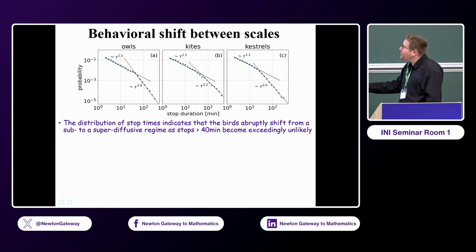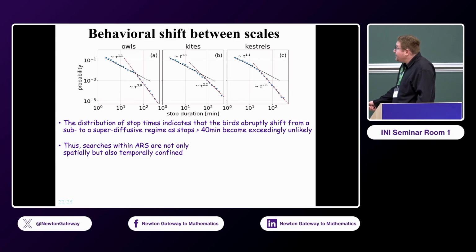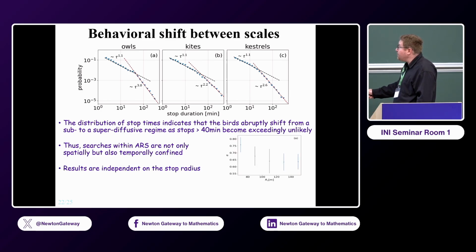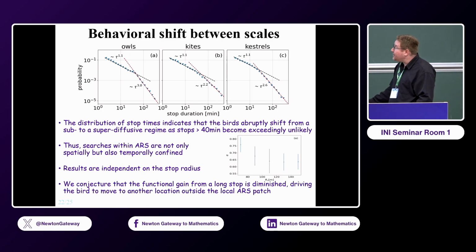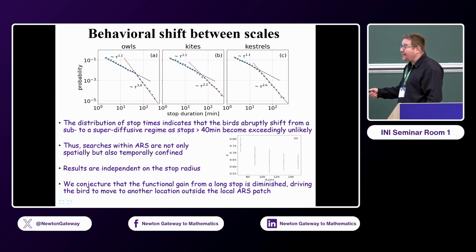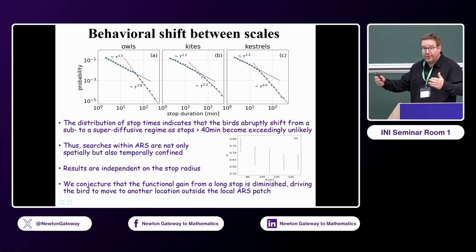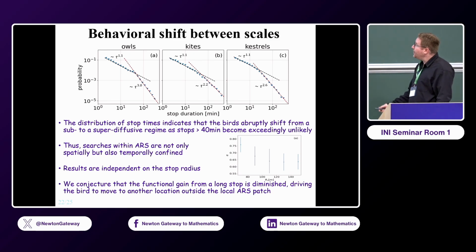And we see a clear behavioral shift at around 40 minutes for all species. Of course we checked that it doesn't depend on the radius as long as the radius is sufficiently large. And this means that the functional gain for a longer stop is diminished at some point and the bird just flies somewhere else. Okay?